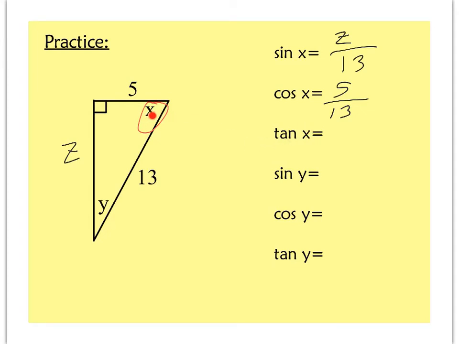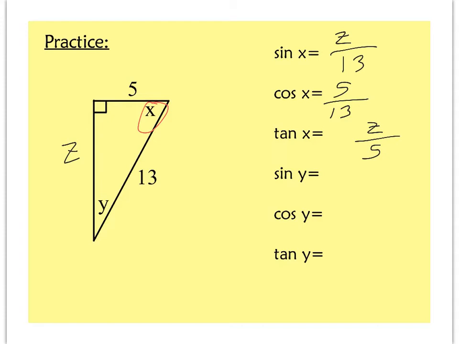So tangent is opposite over adjacent, so that's the TOA, or the tripping on apples, T-O-A. So tangent x, opposite z over adjacent, which is 5. So I'm going to have z over 5 for tangent of x. Alright. Again, it's fine to have a variable for a side on one of these. Not a problem at all.